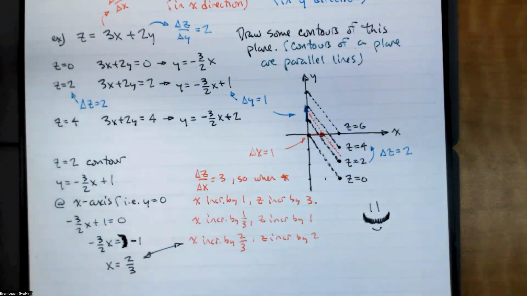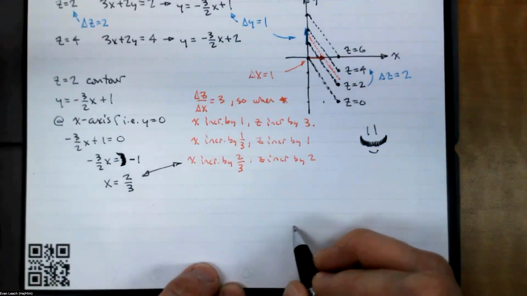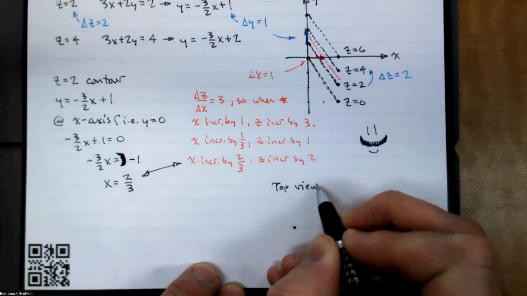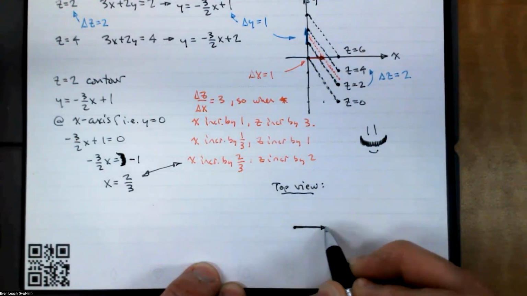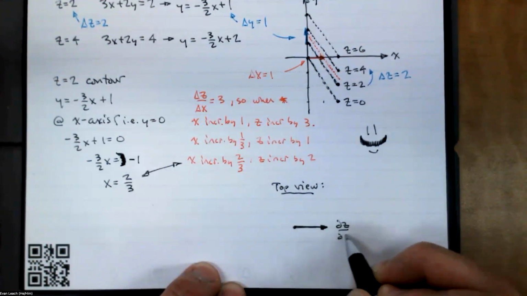And also, since we talked about vectors, so our top view, we're thinking about delta z over delta x.